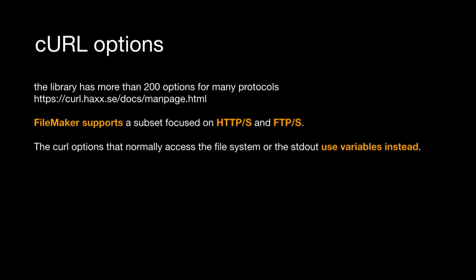There is a main difference between whatever documentation you will read about cURL outside of the world of FileMaker and how cURL works in FileMaker, and that is that cURL can write to the file system and to the standard out. So normally, some of the cURL options will let you write to a file or write to the screen.